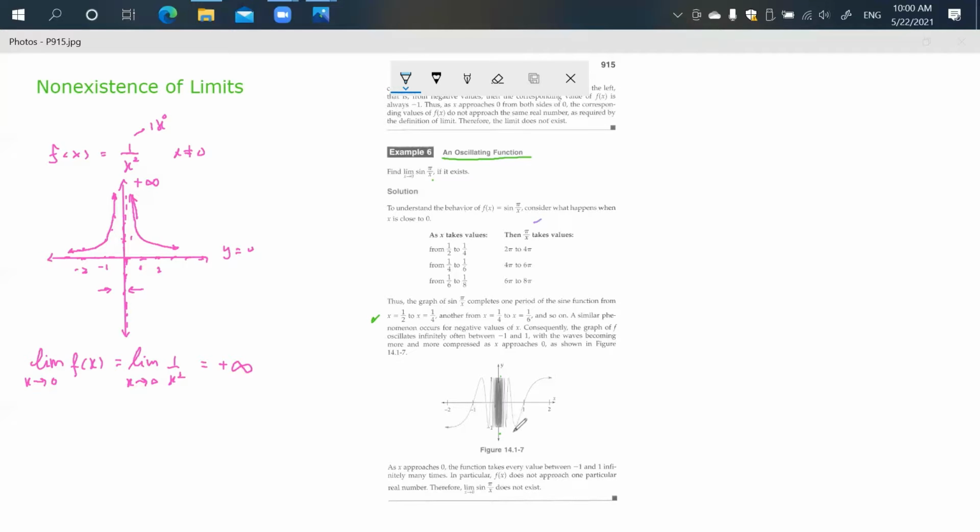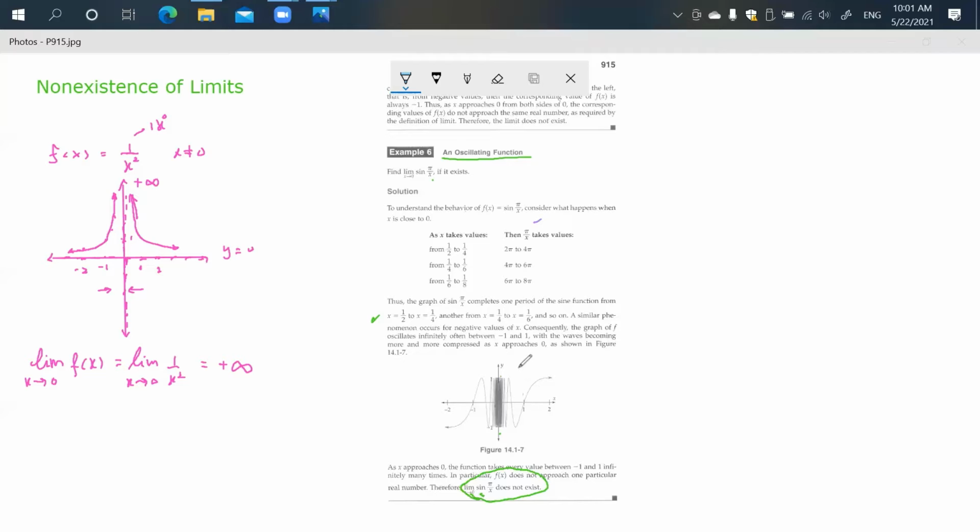So we conclude this function does not approach one particular real number, because it keeps doing this on both sides. We don't know where the function will stop; it only gets closer to x equal to 0 but never touches it. So we conclude the limit does not exist.